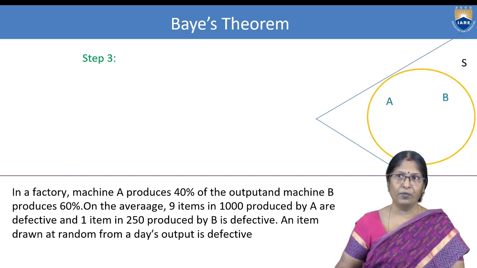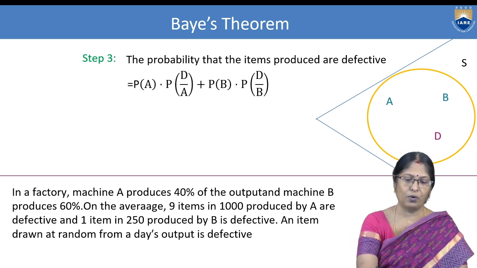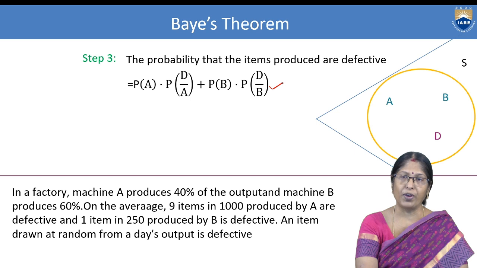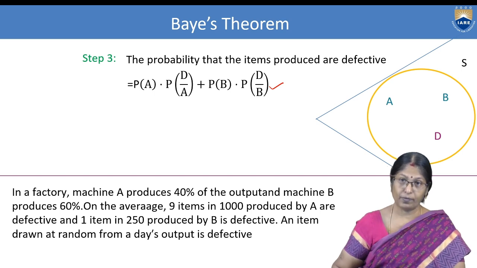Main events intersecting. Step 3, the total. That is the probability that the items produced are defective. So just now what was explained: P of A into P of D given A plus probability of B into probability of D given B. The values are to be substituted in the particular places.